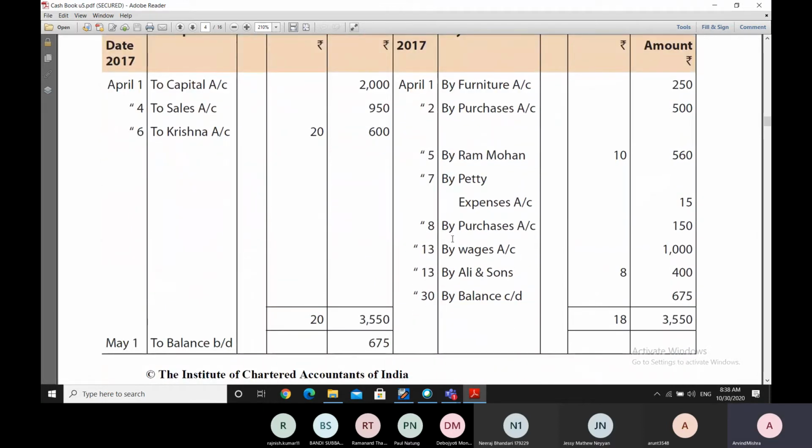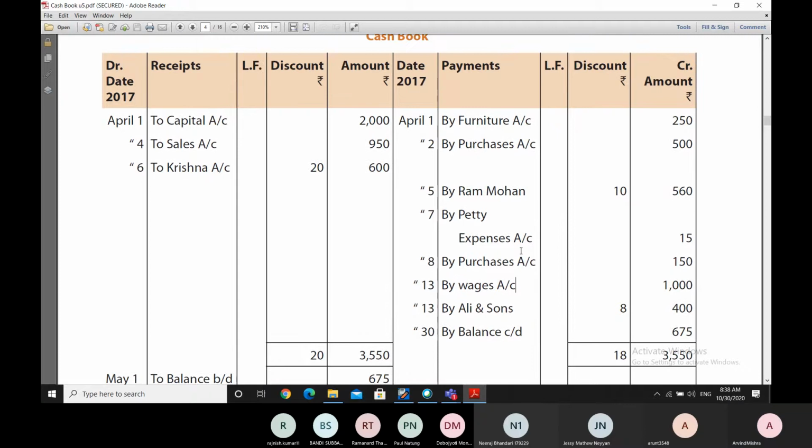So when we make a payment for labor, what we do is that we debit the wages account and we credit the cash book. When we are crediting the cash book, what we are trying to say is that we are making the payment out of the cash, and when we are debiting the wages account, it means that the payment of cash is made for the wages paid to the laborer.